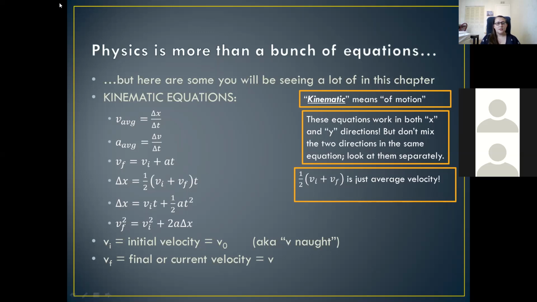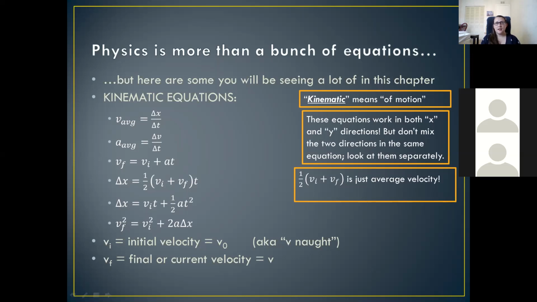And then nestled in there, we have two of the equations that we just derived on the previous slide, the VF and that second delta X equation. If we look at that top delta X equation, delta X equals 1/2 VI plus VF times time, well, 1/2 VI plus VF is really just our average velocity.